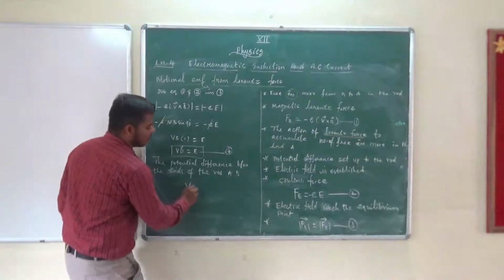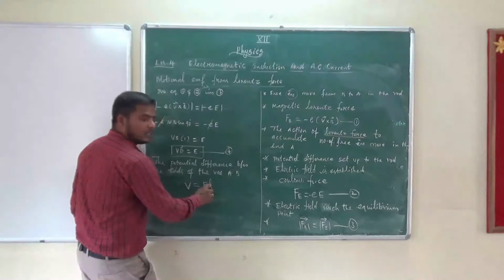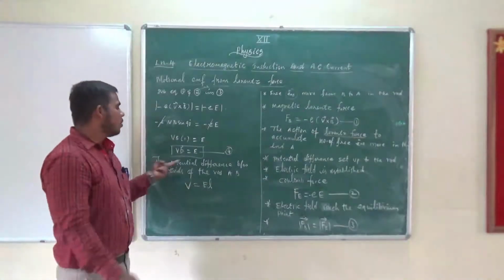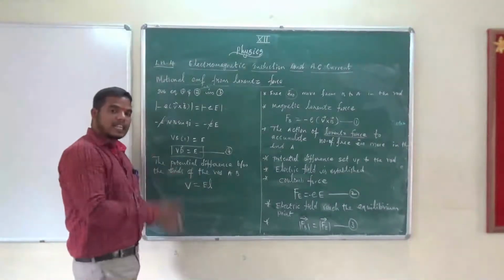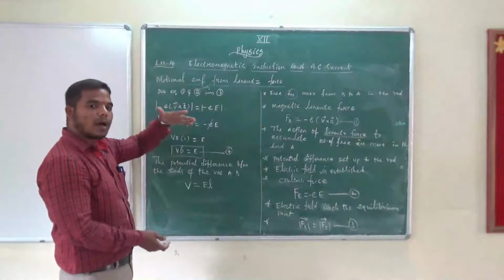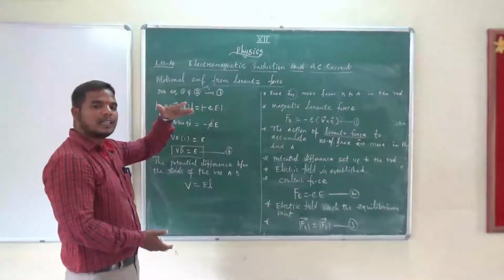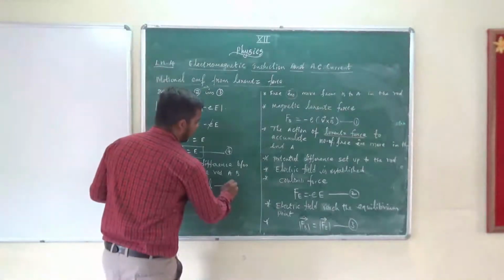So the potential difference is represented by V, which is EL. L means length, E means electric field. Why? Because the potential difference between the ends of the rod AB establishes the electric field over the length of the rod. The rod length is L and the electric field is E. This is equation number 5.